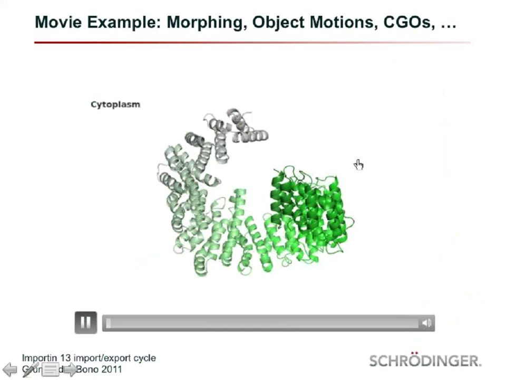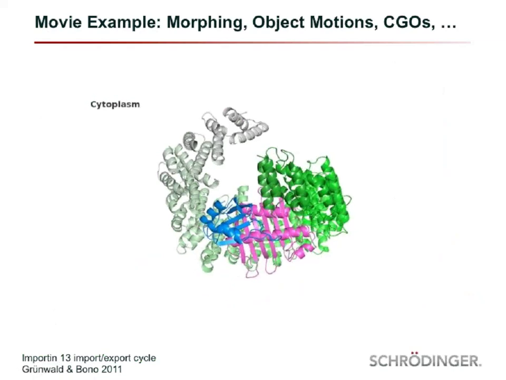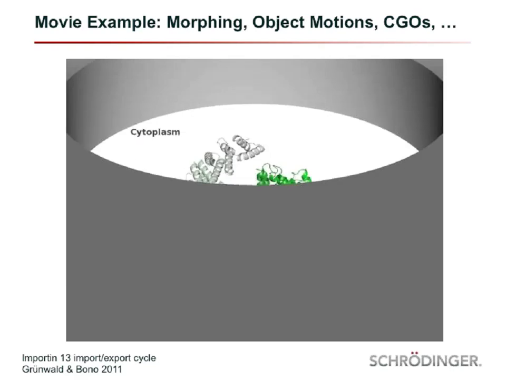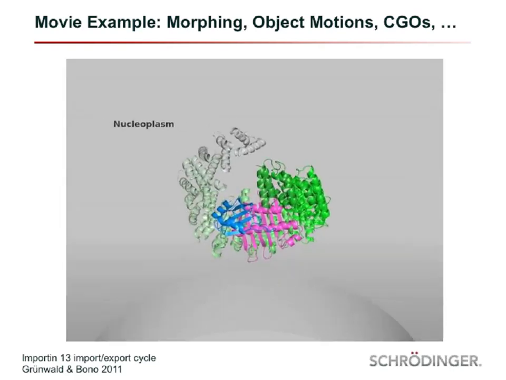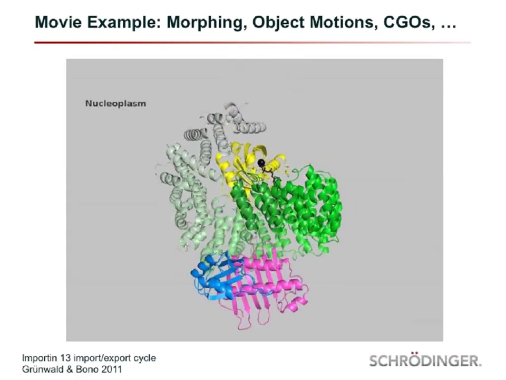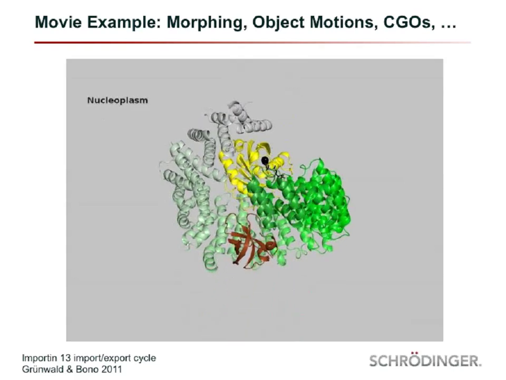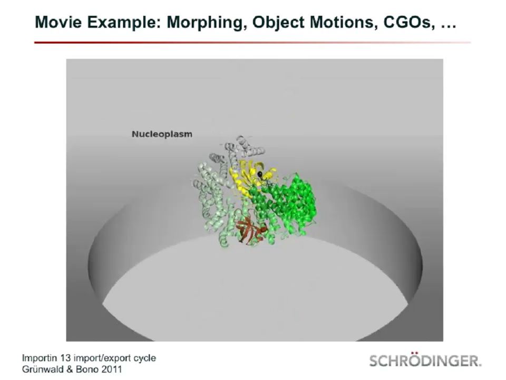This is a transporter molecule which binds different cargoes, has a conformational change upon binding, and travels through the nuclear pore. It binds to RanGTP in this case, releases the cargo, finds another cargo, and travels back.